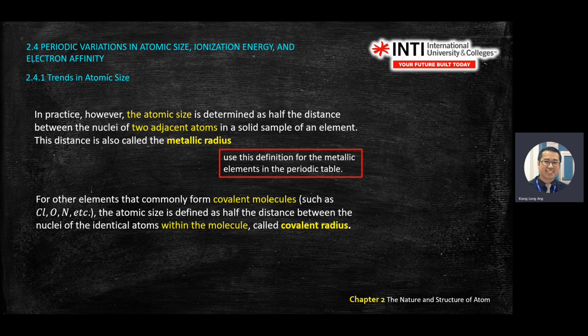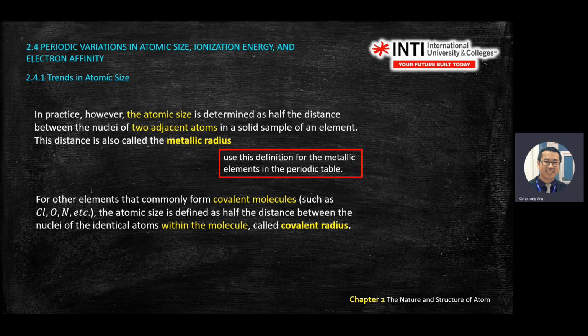There's a center of that, then the distance is between the nuclei of two adjoining atoms. So this is the distance used as a metallic radius, between the centers. Okay, but anyway, this one I won't ask you.